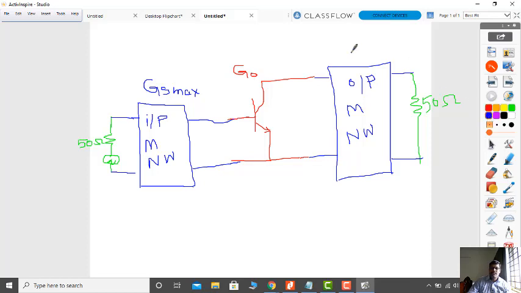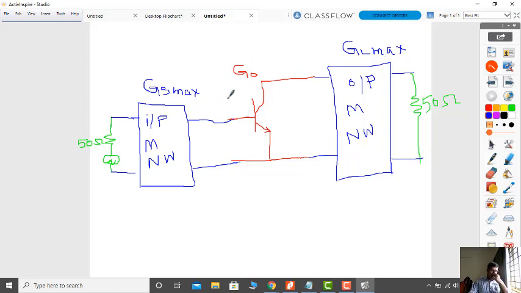And when the output matching network matches complex conjugately with the load, it gives the gain GL maximum. These are the three different stage gains. The total transducer power gain will be the summation of GS maximum, G0 and GL maximum.